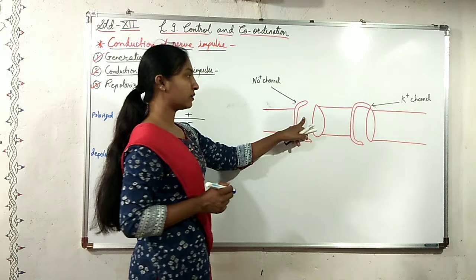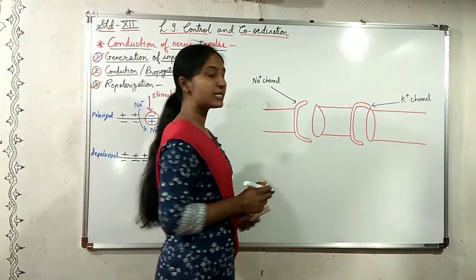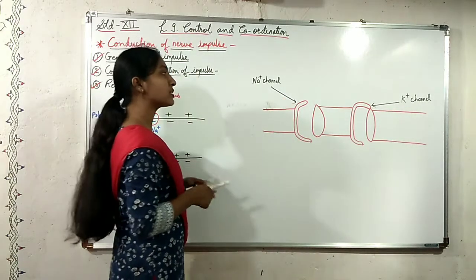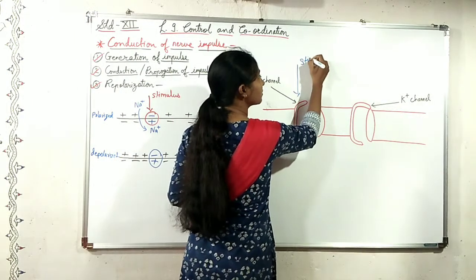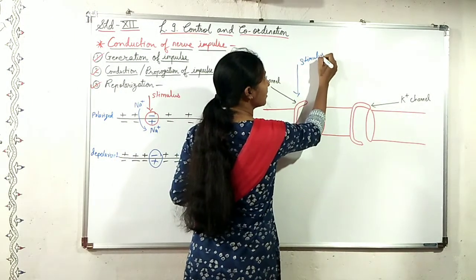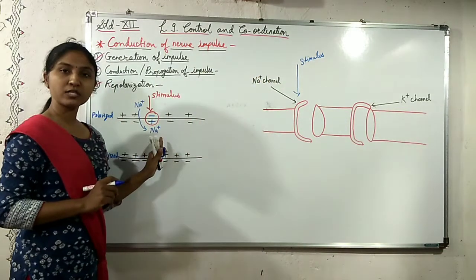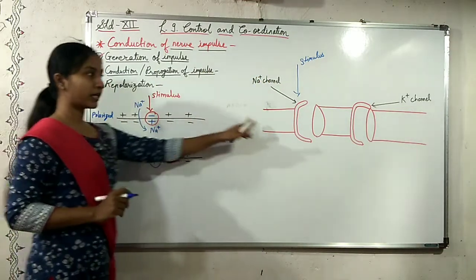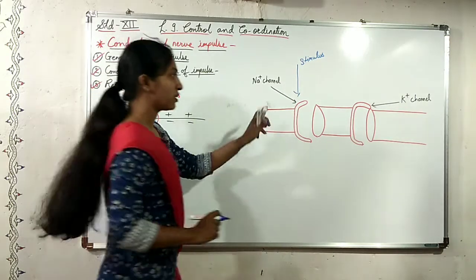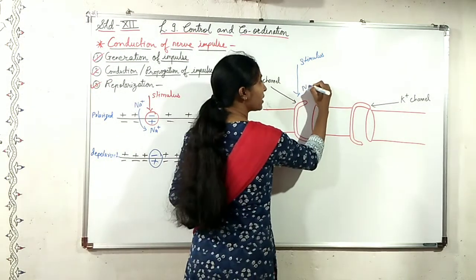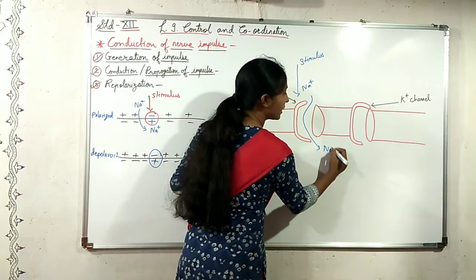Here this is the sodium channel voltage gate through which the sodium ions enter. If the stimulus is given, we said that the voltage channel gates had opened after the stimulus was received. So the sodium ions which were present outside came in.